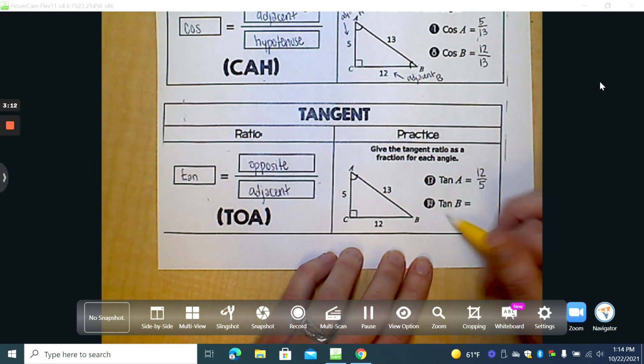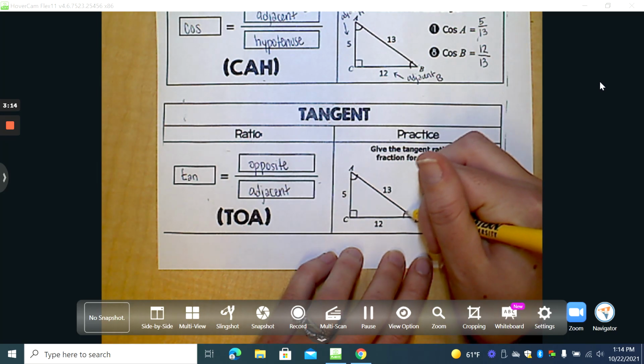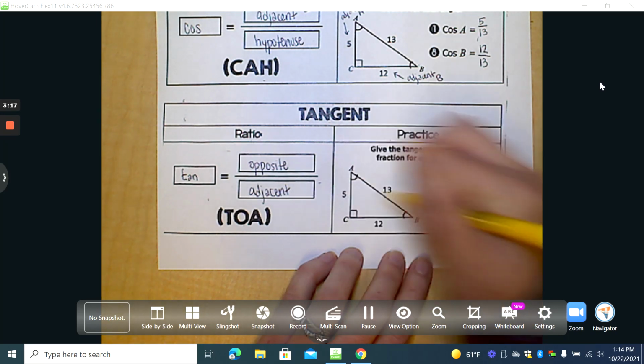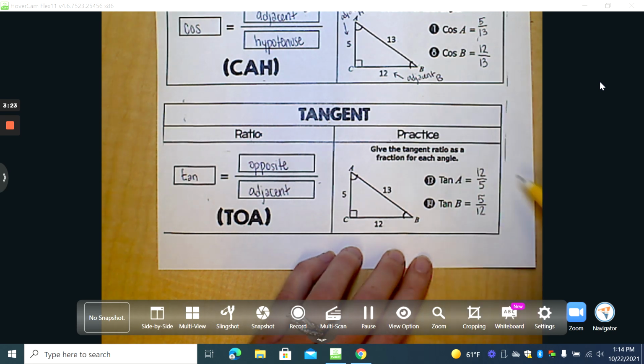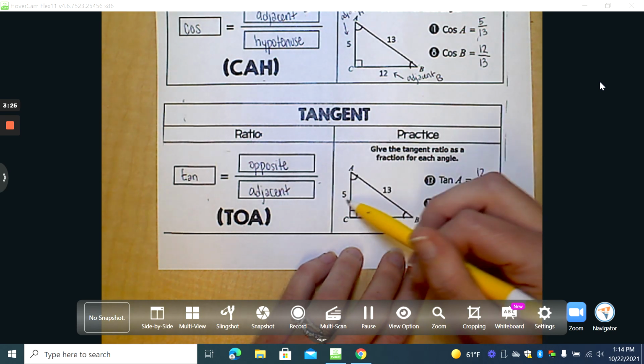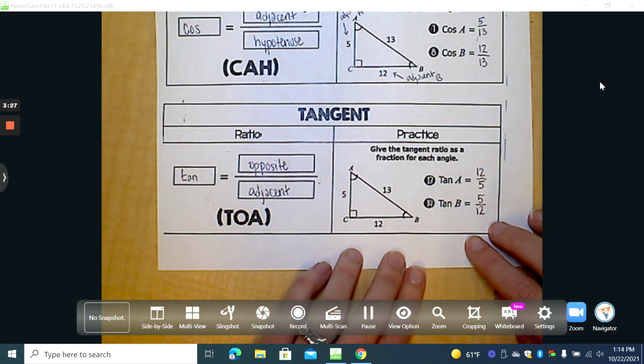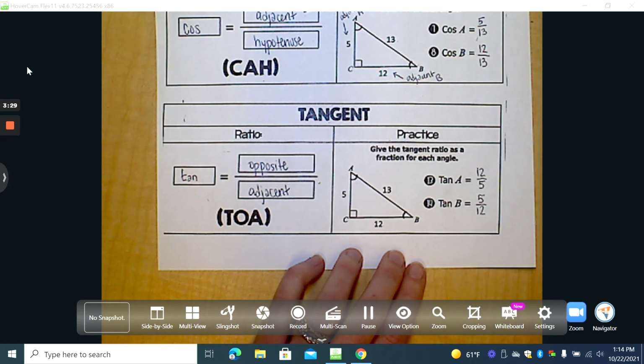If I'm looking at B, my opposite of B is 5, and my adjacent of B is 12. And so tangent of A and tangent of B are just reciprocals of each other. They are upside down versions of each other.